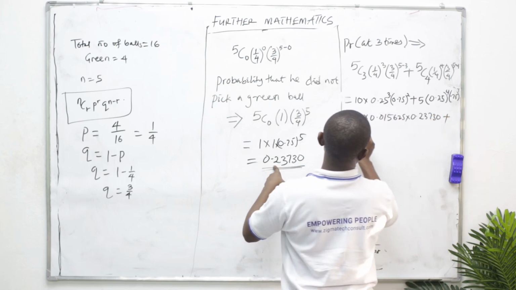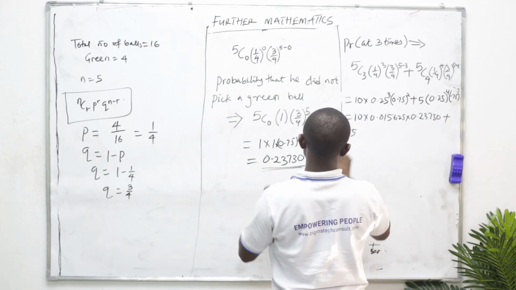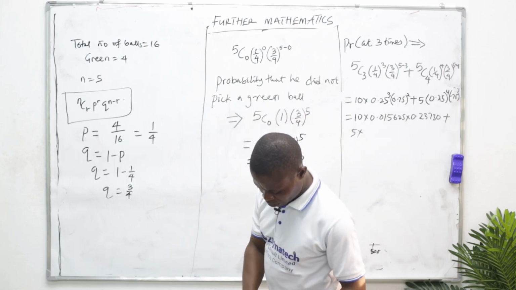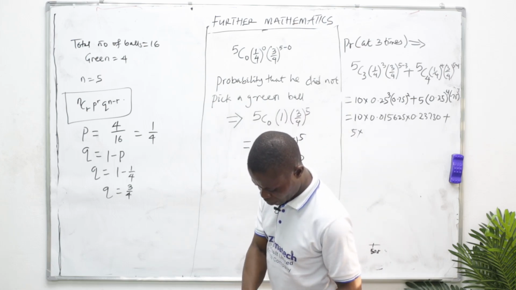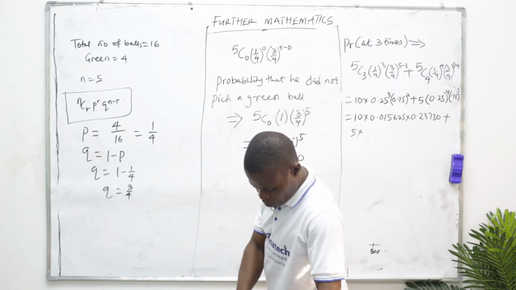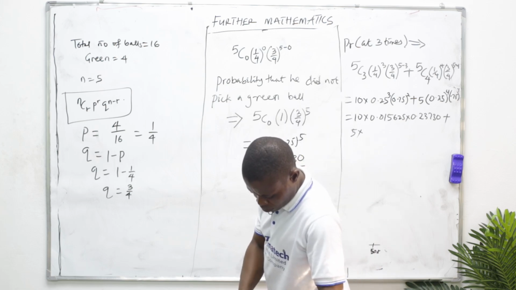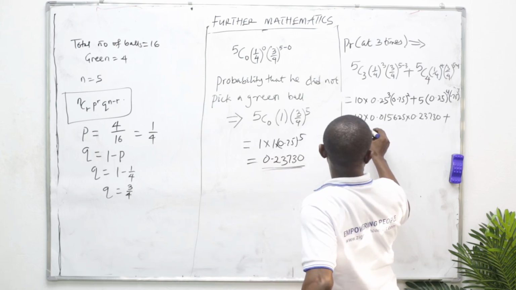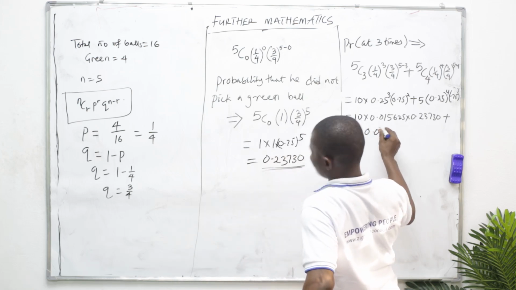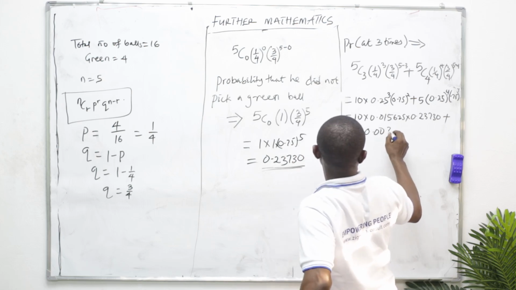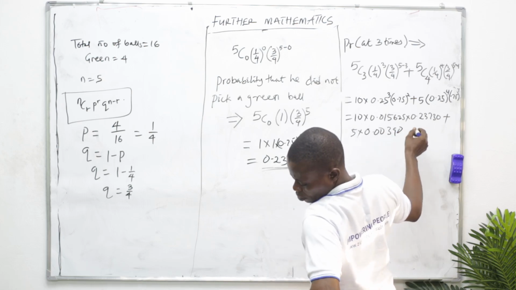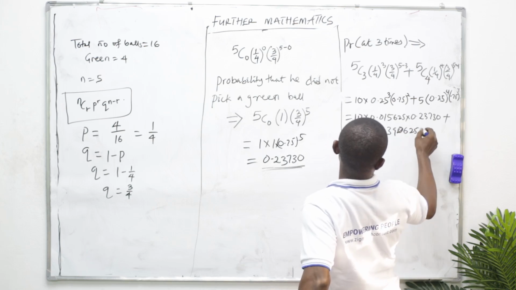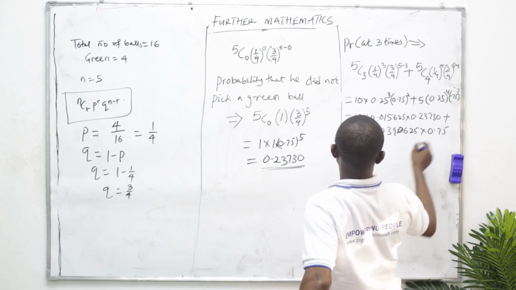0.23730, plus 5 multiplied by 0.25 power 4, which is 0.00390625, multiplied by 0.75.